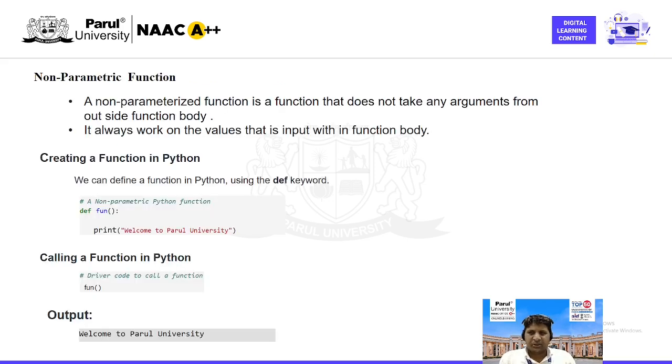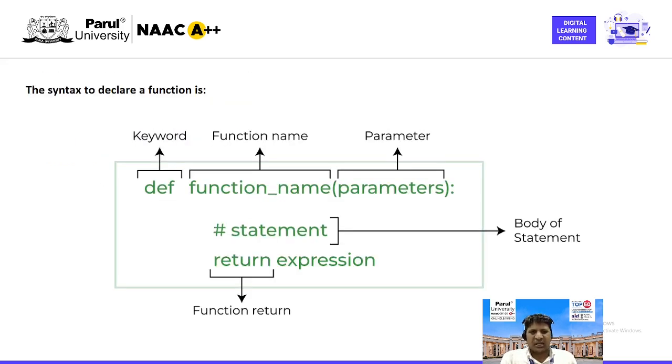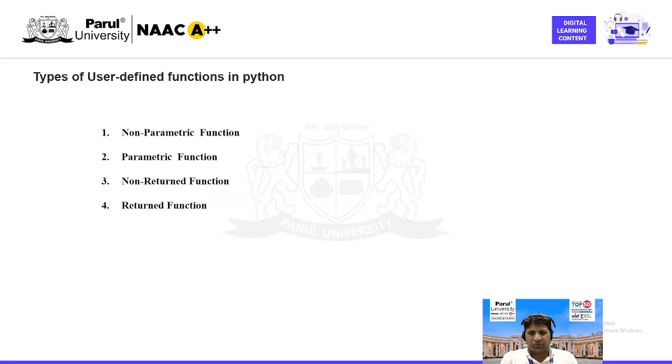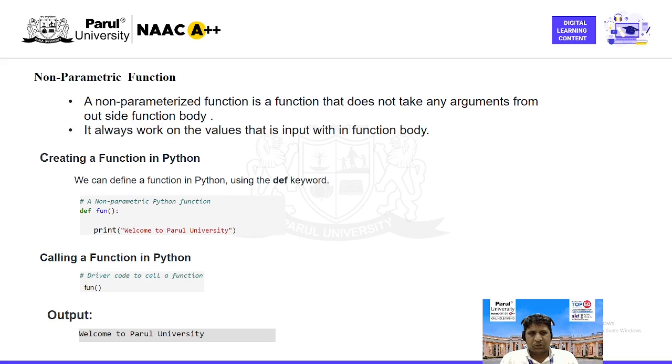Non-parameterized function. We already mentioned that the body of statements is known as the function body. A non-parameterized function is a function that does not take any argument from outside the function body.